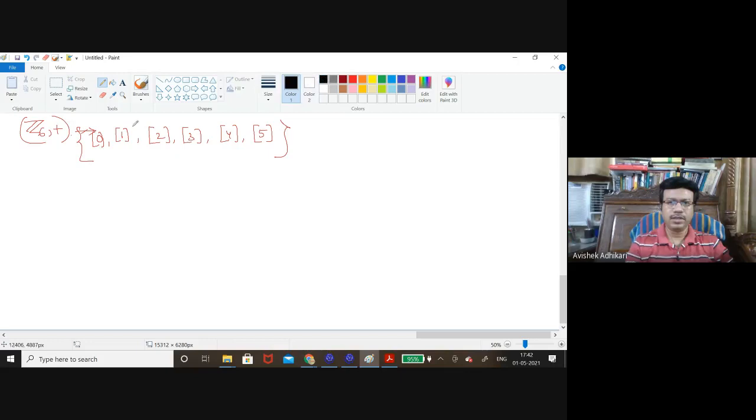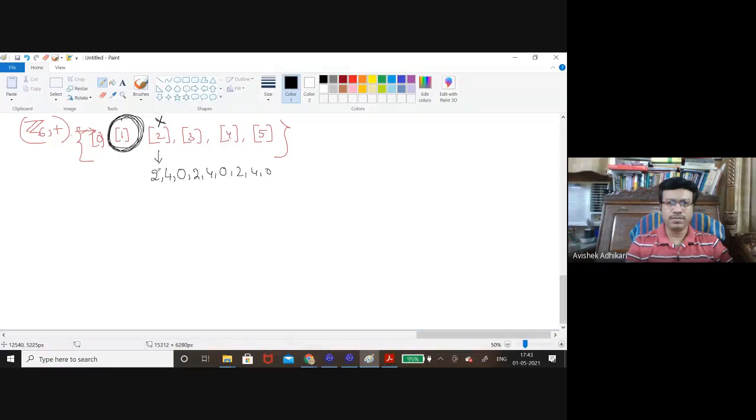It's already a generator, class 1, but what about class 2? If you start with 2, then adding up we get 4, then 0, then again 2, 4, 0. So not all the elements can be generated from here. So this is not a generator.